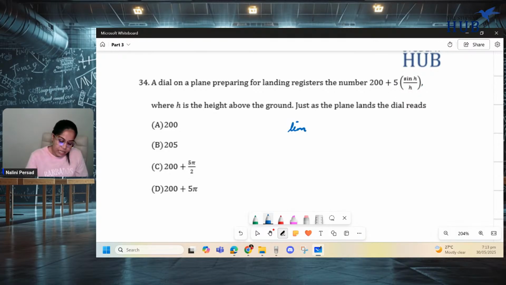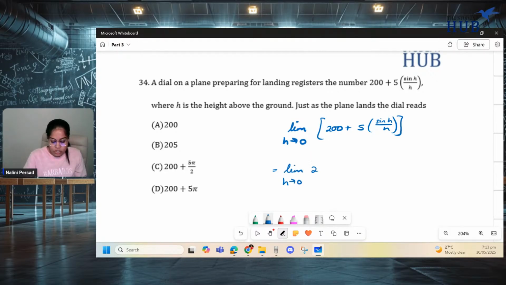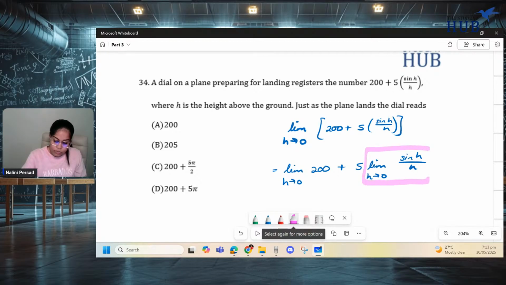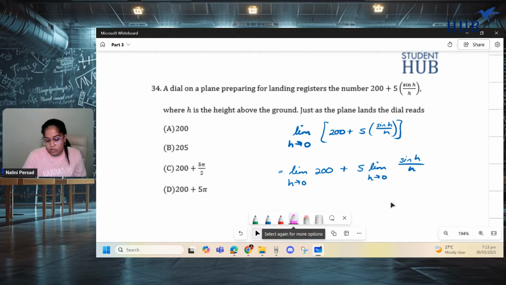So the limit as h tends to 0, because the height is tending to 0, of 200 plus 5 sine h over h. Everybody here knows their limit rules. The limit rule says I could find the limit of 200, and then I could find the limit of this. The limit rules also say I could put that 5 in front of the limit. This here is what we call the special limit. And what is that equal to?